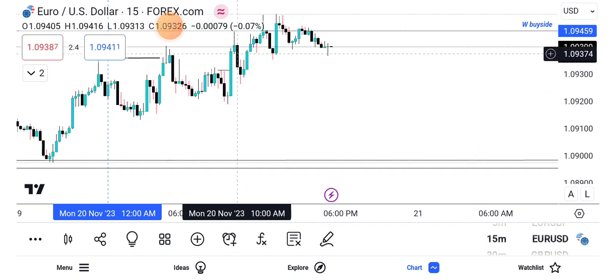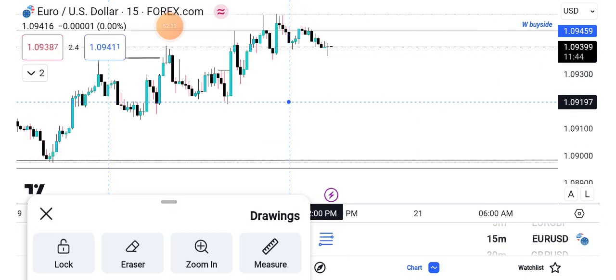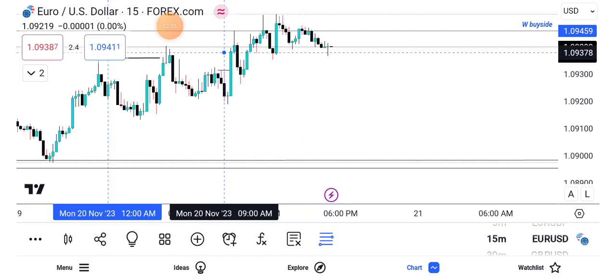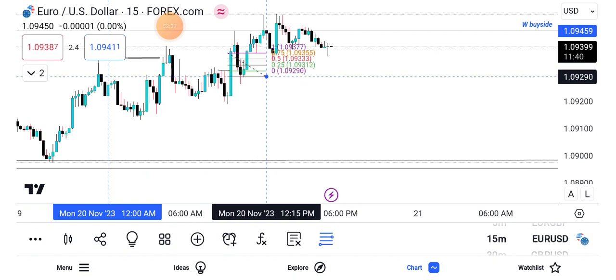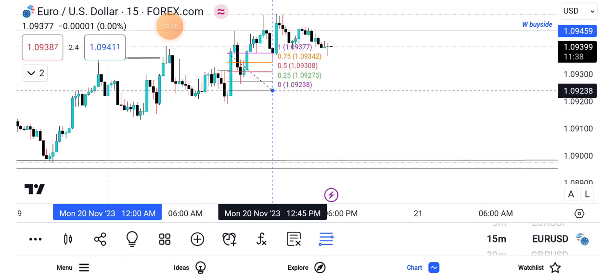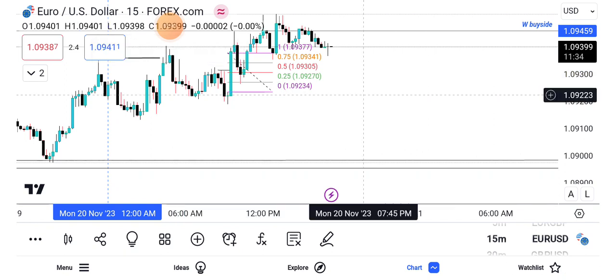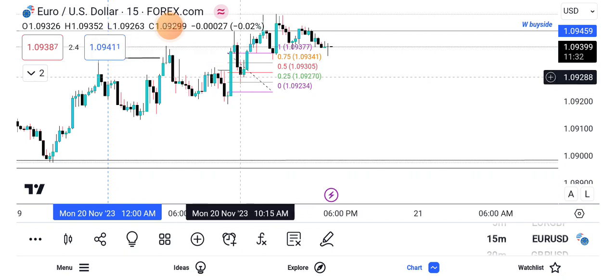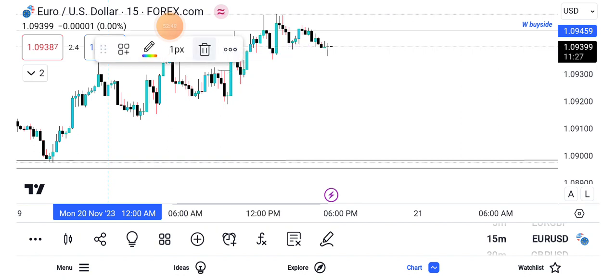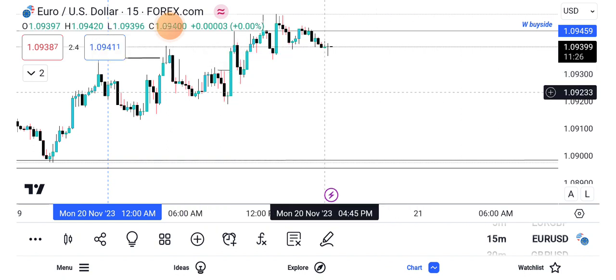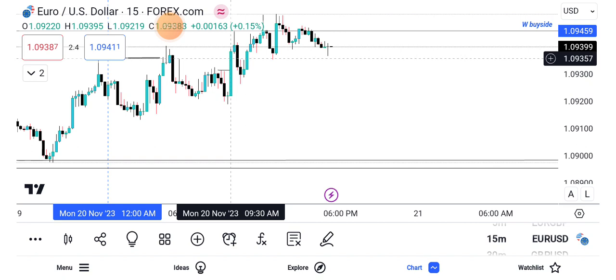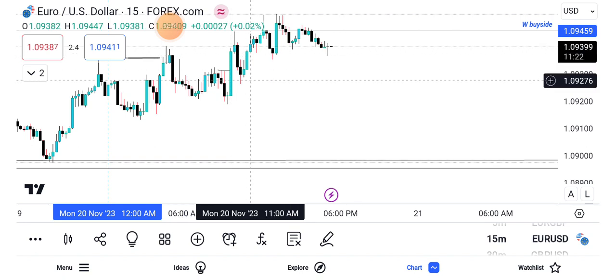Yeah, this is also the one I was telling you for entry. So we can see how the bodies are respecting the constant encroachment, closing around the constant encroachment, but the wicks doing the damage. Yeah, that could have been my entry at this low here.